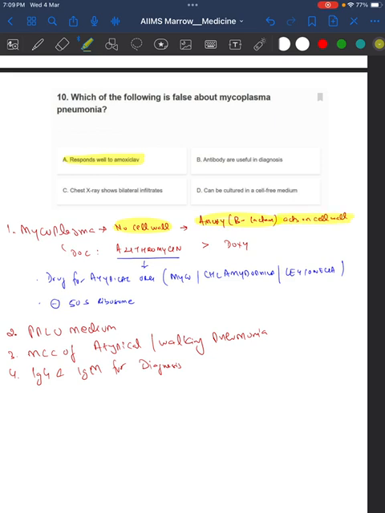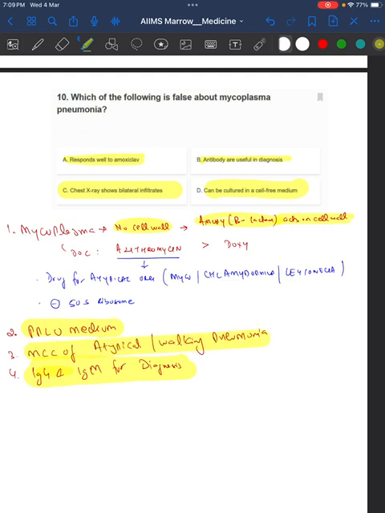They will not act on this. Antibodies are useful in diagnosis, yes, because IgG and IgM antibodies are specific for diagnosis of Mycoplasma pneumonia. Chest X-ray will show bilateral infiltrates, yes, they will show. Can be cultured in a cell-free medium, yes, it is cultured in a cell-free medium. The medium is the PPLO medium, and it is also the most common cause of atypical or walking pneumonia.